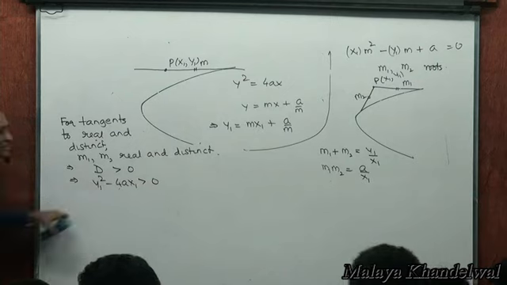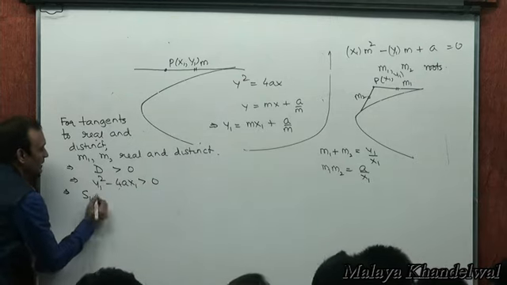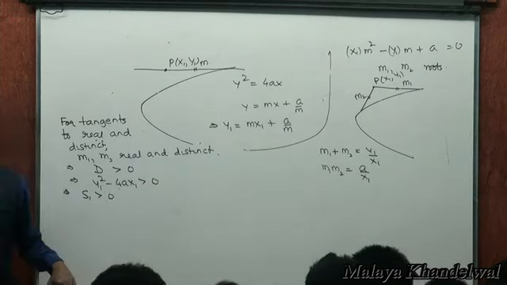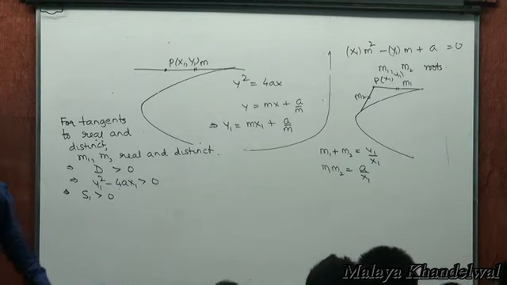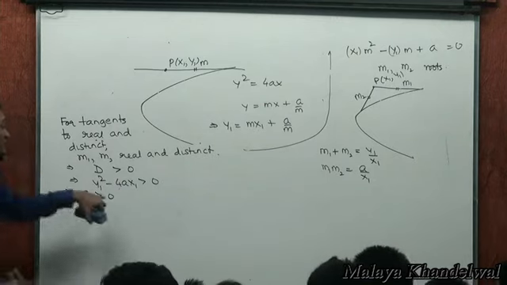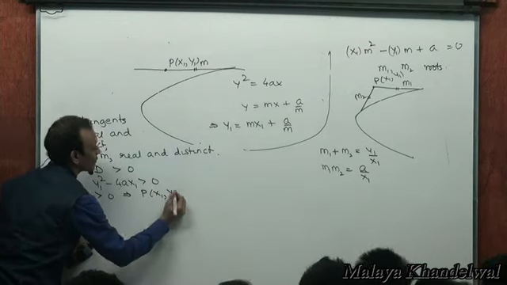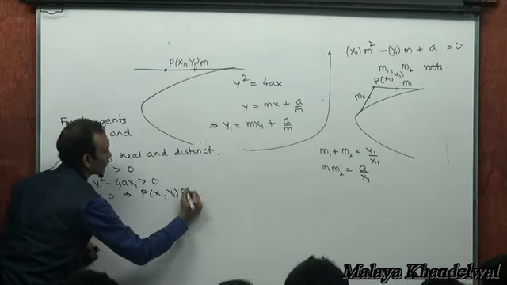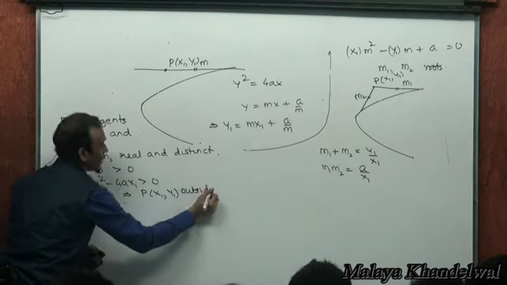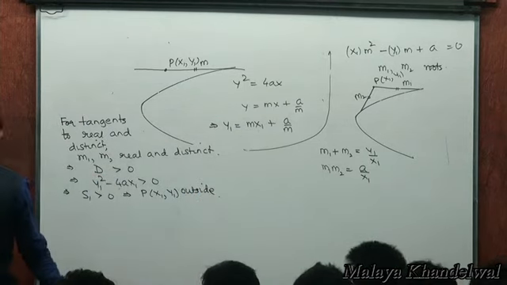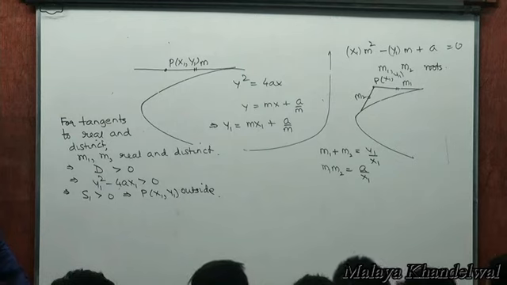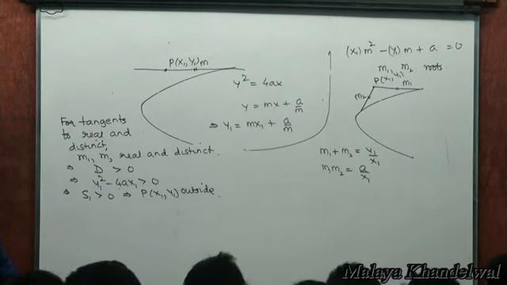S1. S1 greater than 0 means x1, y1 must be outside the curve. So, for all points outside the curve, two real and distinct tangents could be drawn to the curve.